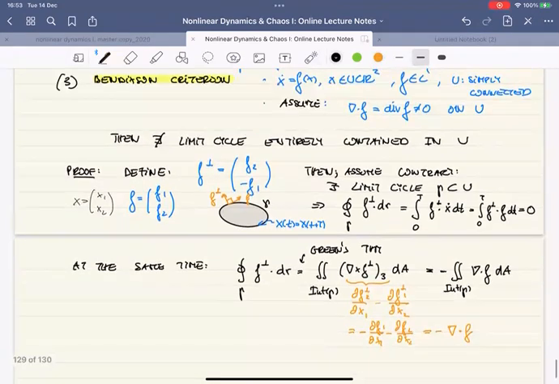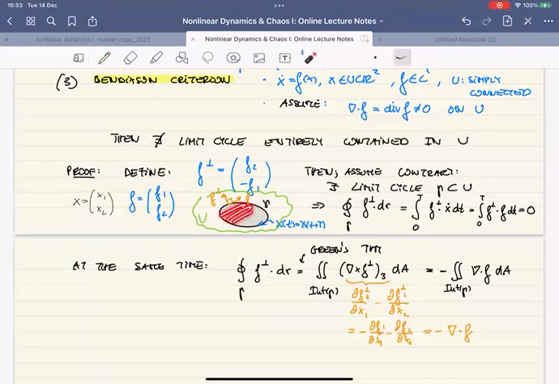And now look at my assumption. The assumption is that this divergence is non-zero. Whatever it is, I don't know what it is, it's certainly not constant, but it's non-zero on U, and this interior of gamma, which is here, right, and which is definitely somewhere inside U, is fully in U, where this assumption holds.